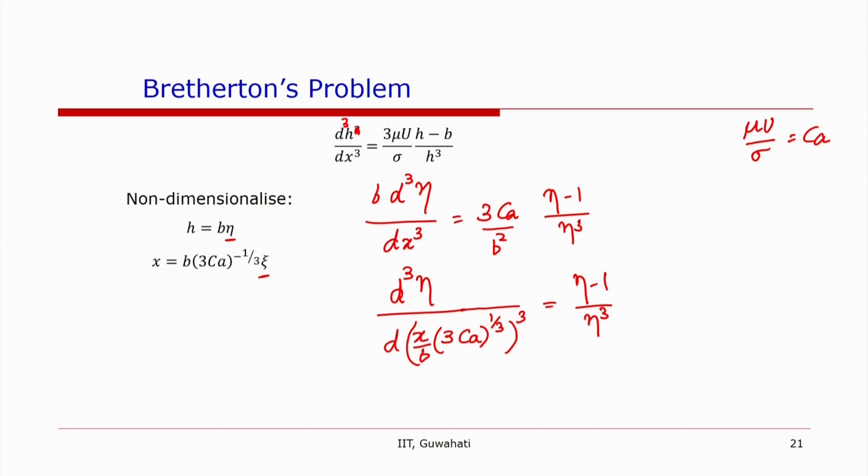So if we look at x over b times 3Ca to the power 1 by 3, this is psi. So what we have defined as psi is equal to x into 3Ca power 1 by 3 divided by b, or x is equal to b 3Ca power minus 1 by 3 psi.